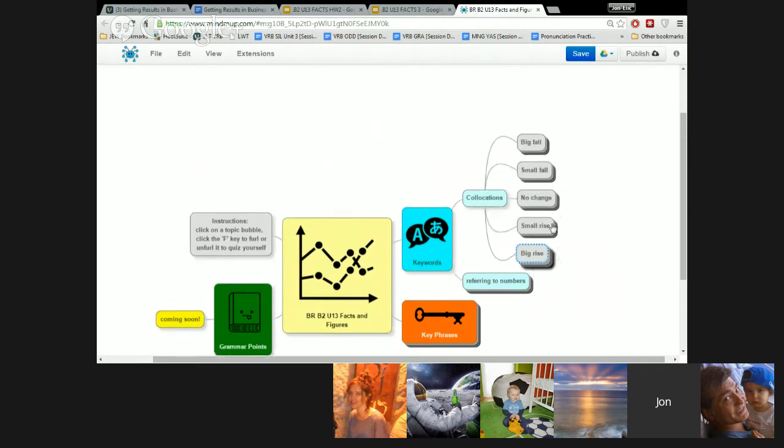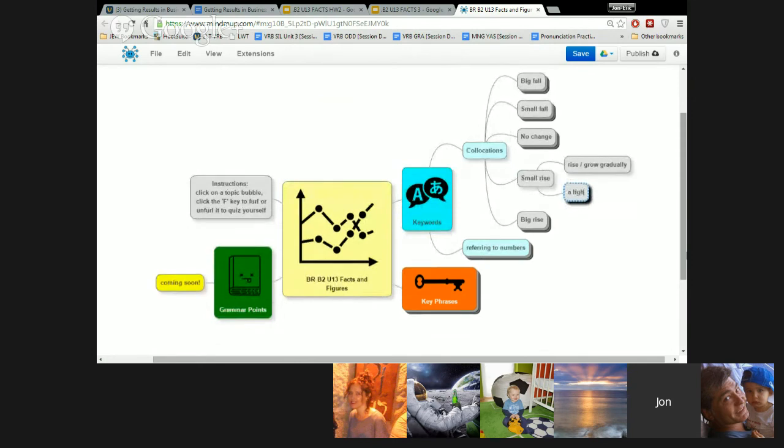Well, let's take a look, because if we go to small rise, maybe we put steadily there because it's going to rise slower. I wrote gradually here, but you could say steadily too. A steady rise, to rise steadily, or gradually.